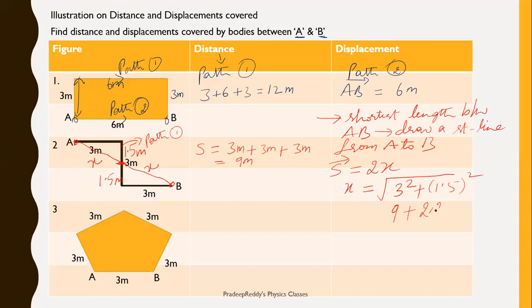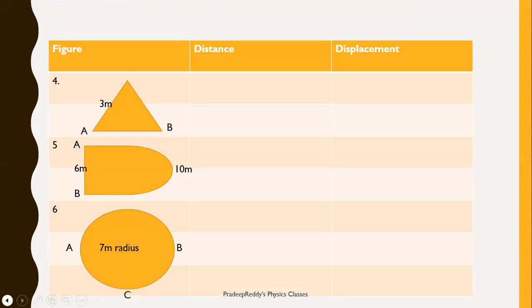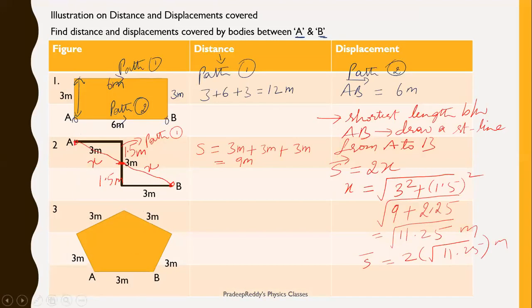This is equal to root 11.25 meter. So total displacement S will be equal to 2 into root 11.25. This is the final displacement of AB from A to B in figure 2.